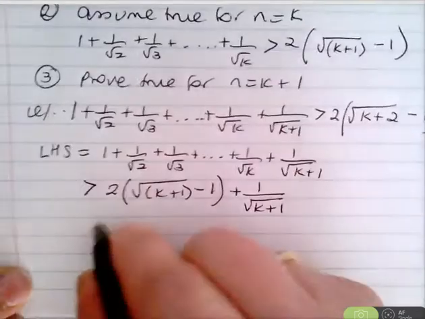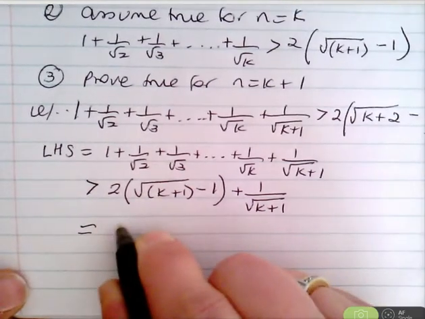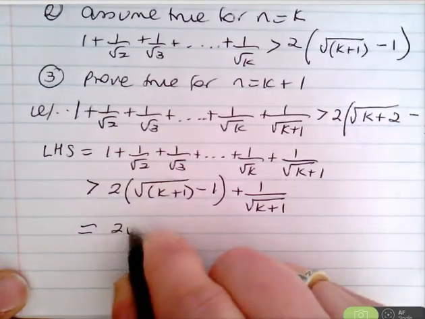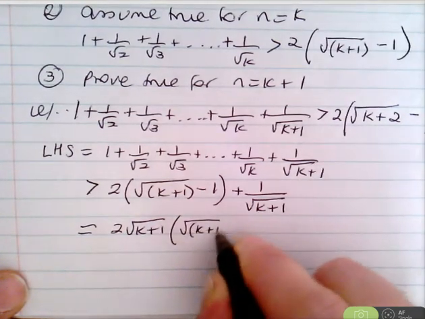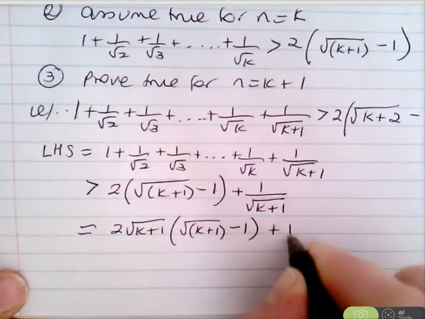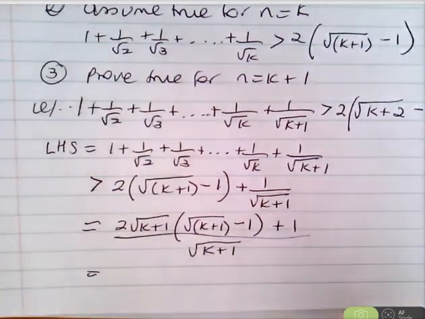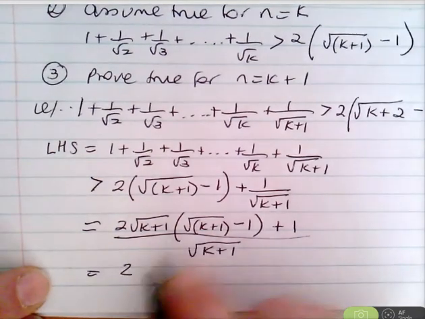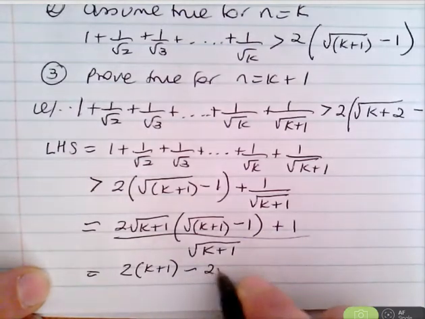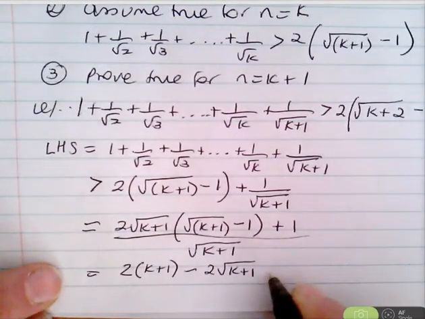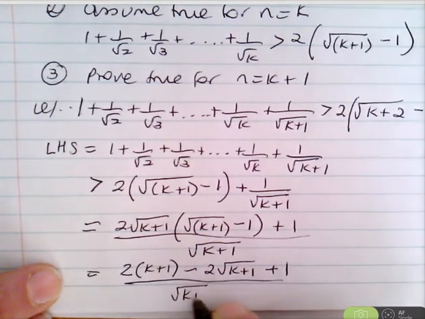Now, making a common denominator, this is equal to 2 times the square root of k plus 1, bracket, square root of k plus 1 minus 1, plus 1, all over the square root of k plus 1, which is 2 times k plus 1 minus 2 times the square root of k plus 1 plus 1 over the square root of k plus 1.